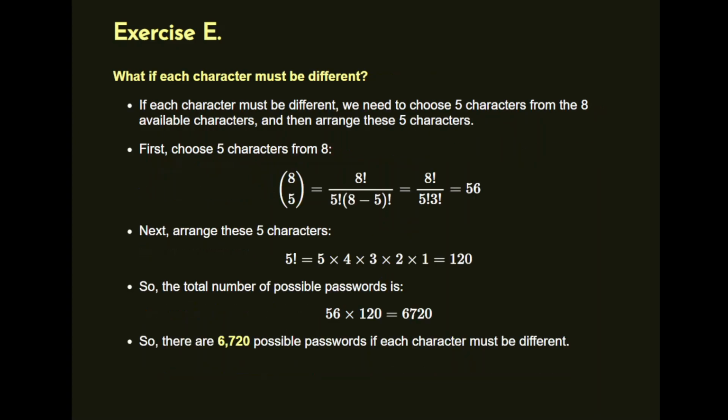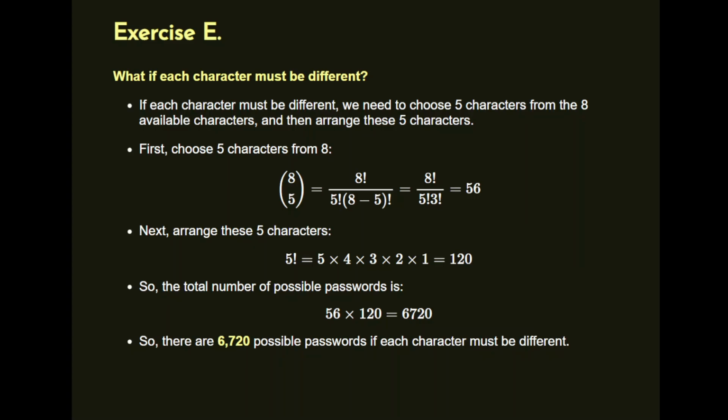Now this is the last one, and this is where we stop the assumption that we can use characters repeatedly. This makes things a little bit more complex. If each character must be different, first we must choose the 5 characters from the 8 available characters and then arrange those characters.